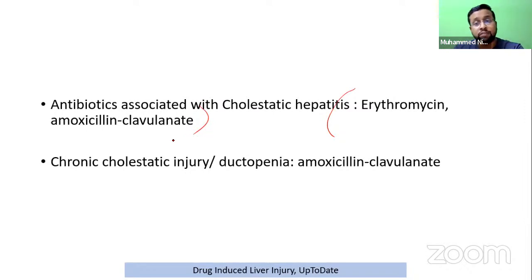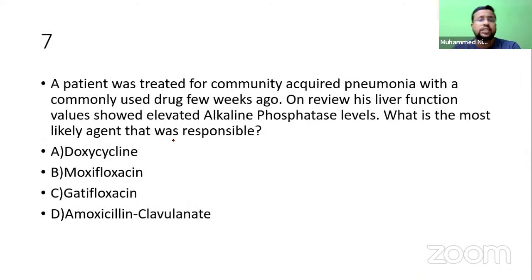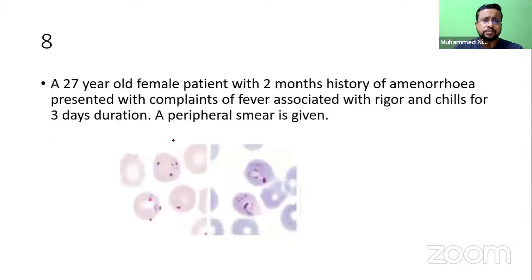There are other drugs, among which also amoxicillin clavulanate is given. So basically, this patient is treated for community-acquired pneumonia. I'm sure that antibiotics have been given for a few days duration. And in this period, the drug which can cause an elevated alkaline phosphatase is amoxicillin clavulanate. So the answer is D, amoxicillin clavulanate.